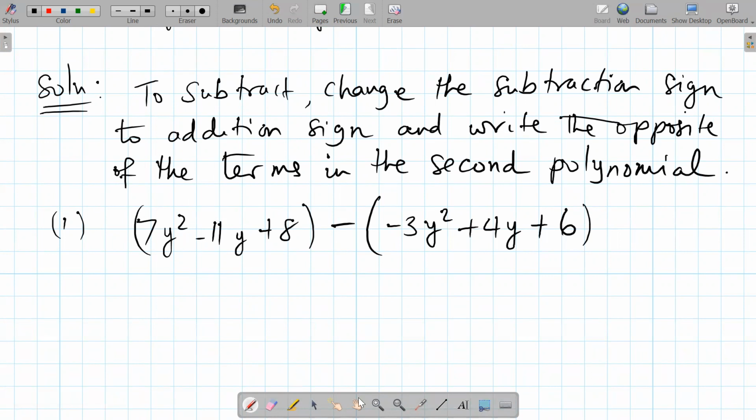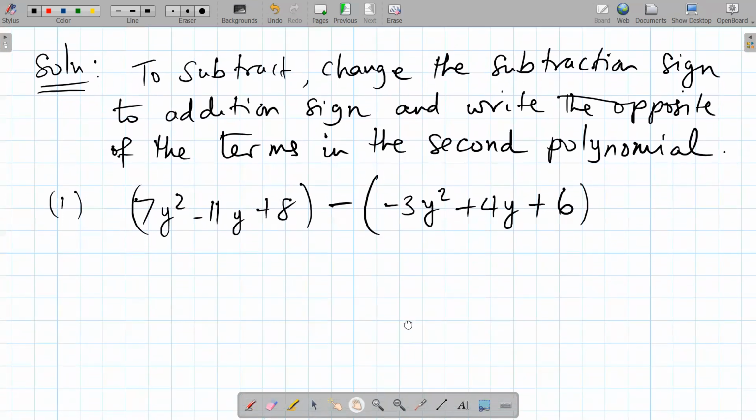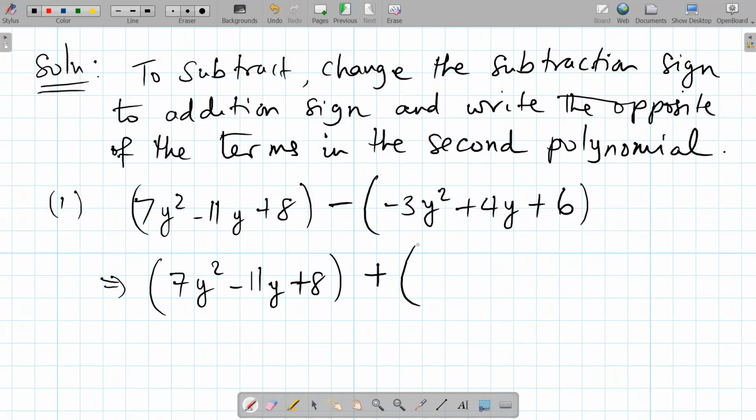Okay, so by way of the procedure, I hold whatever is on my left hand side, change the subtraction to addition, and then every sign here is going to change.